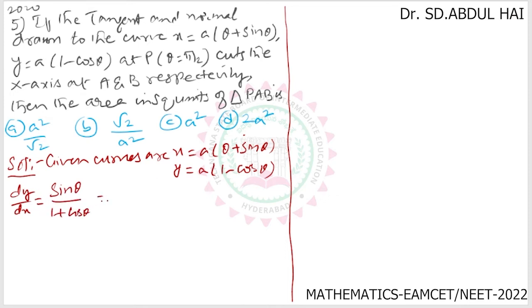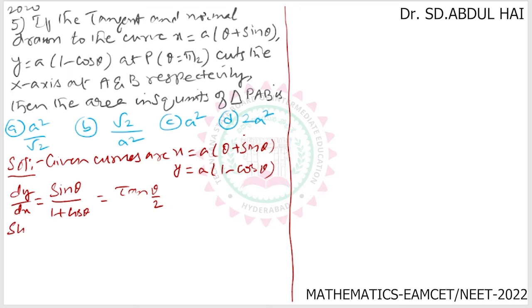If we want to simplify in terms of submultiples, this reduces to 2 sin theta by 2 cos theta by 2, whole divided by 2 cos squared theta by 2 minus 1 plus 1. The 1 cancels, which gives me tan theta by 2. So this is the value of dy by dx.